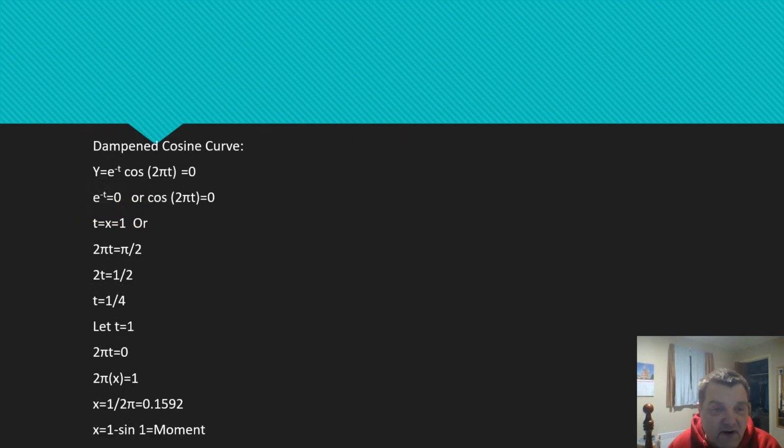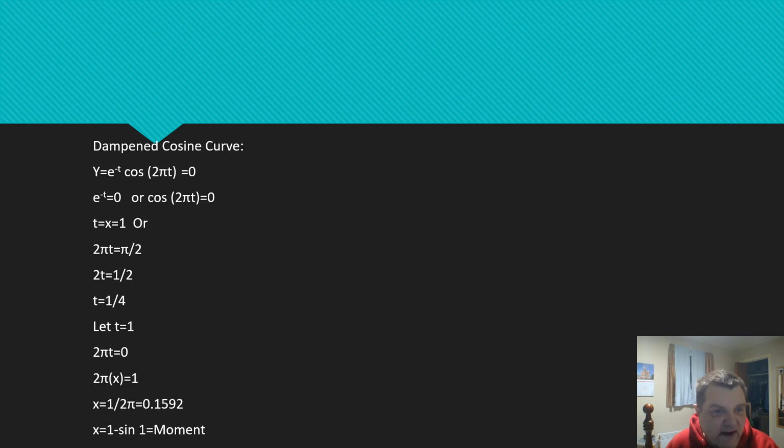So the dampened cosine curve we've seen before, y is equal to e to the minus t cos 2 pi t, set it equal to 0, and t is equal to 1, and 2 pi t equals pi by 2, 2t equals a half, t is equal to a quarter.